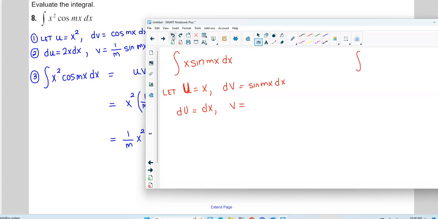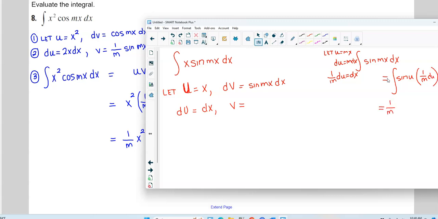So remember here, if we want to find the antiderivative of the sine of mx dx, we would let u equal mx, du is equal to m dx, and therefore 1 over m du would equal dx. So this would equal the sine of u times 1 over m du.